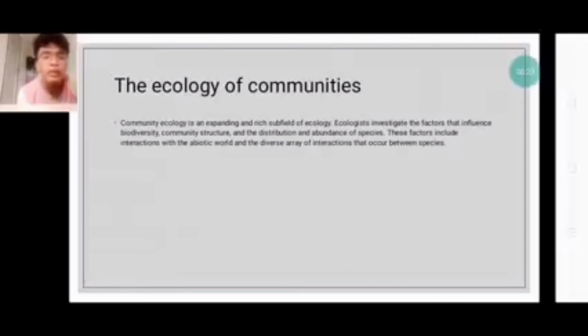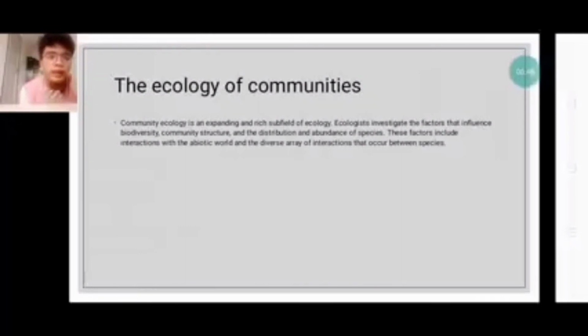Let me read this so I can explain it properly. Community ecology is an expanding and rich subfield of ecology.